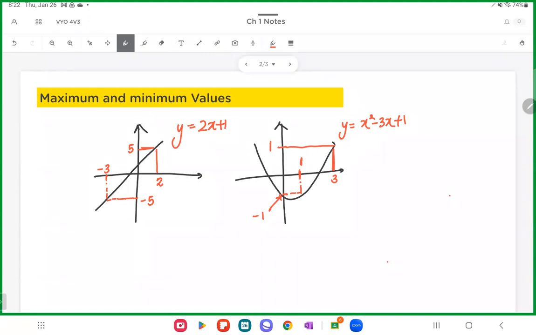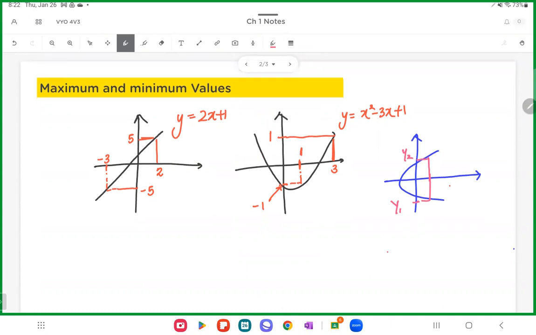So I'm going to give you a non-function for you to see. You haven't seen this kind of graph yet. Okay, this graph is not a function because for every x value, I actually have one y value here, one y value here. So this blue graph here is not a function.